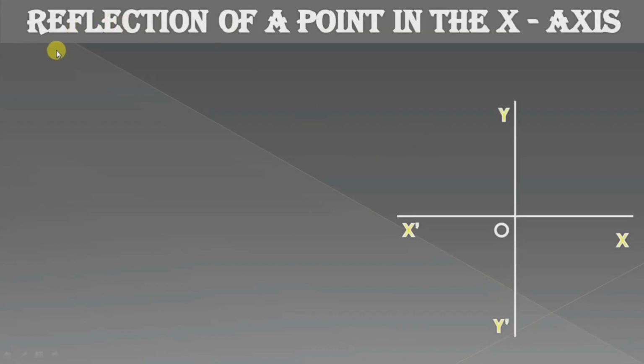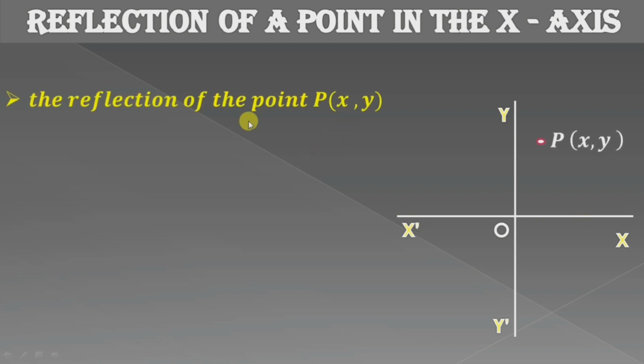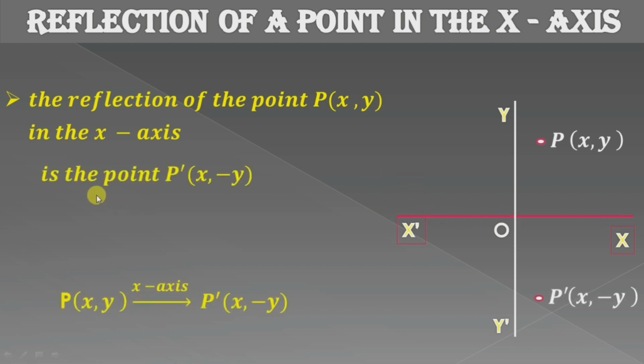Now first let's discuss the reflection of a point in the x-axis. Reflection of a point in the x-axis means here the x-axis acts as a mirror. So let us consider there is a point P whose coordinates are x, y. When it is reflected in the x-axis, that means the x-axis as mirror, we get the point P prime.